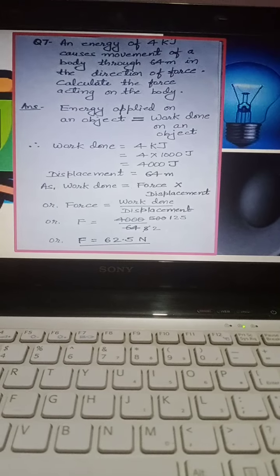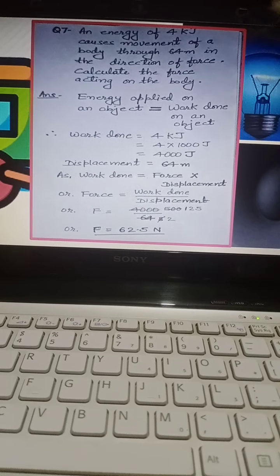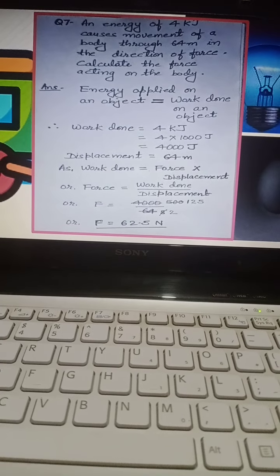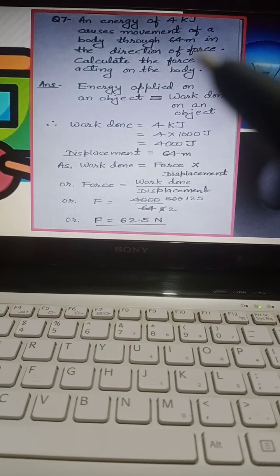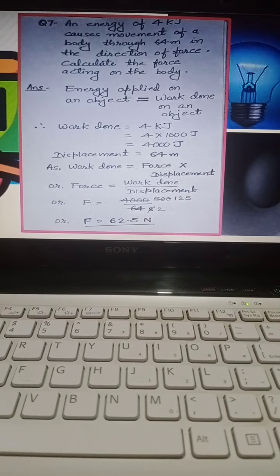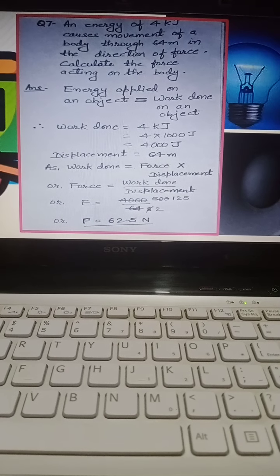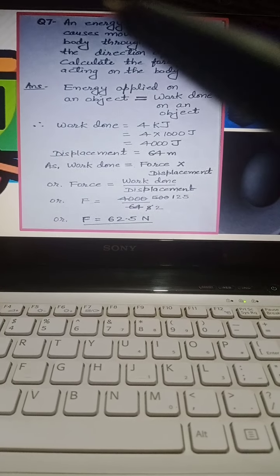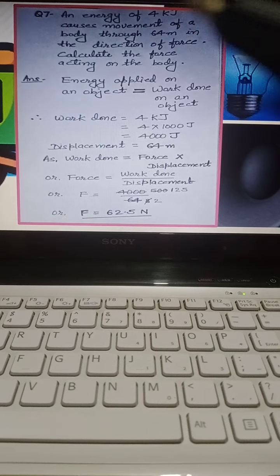So here this numerical states that total energy applied on an object is 4 kilojoule, and when it is applied, it causes a movement of the body through 64 meter in the direction of force. Then we have to calculate the force acting on the body. Displacement is given and we have to find out the force.